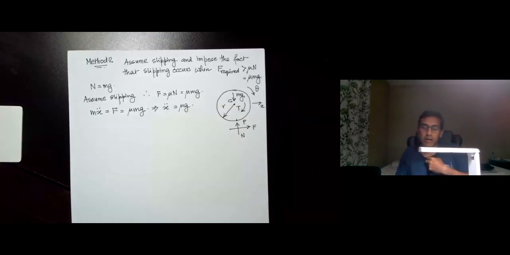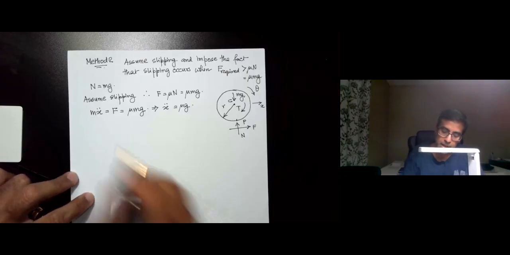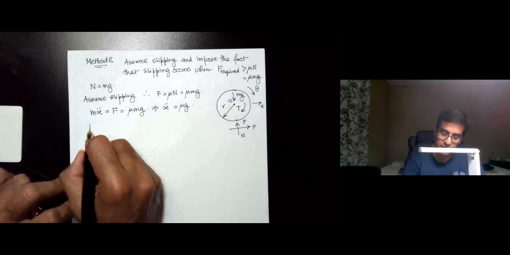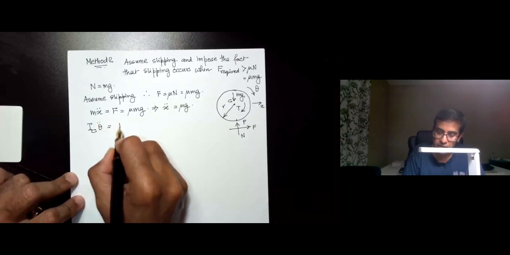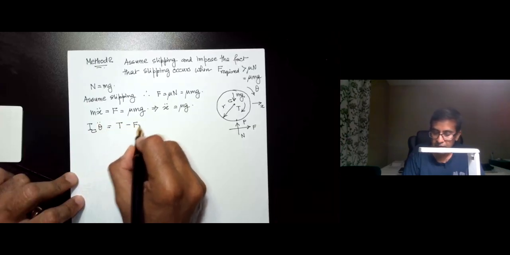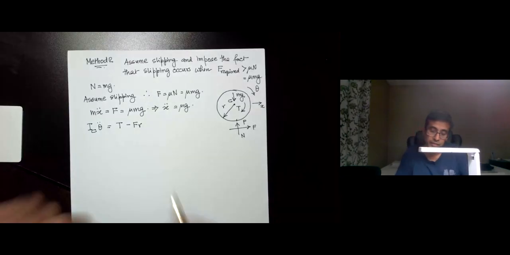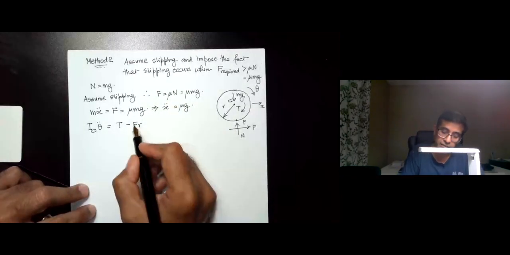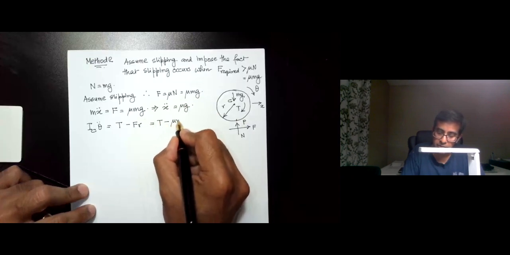So we have a definite linear acceleration now when the wheel is slipping. The rotational equation is I_c theta double dot is equal to T minus Fr. So the same equation, but now we can assume that F is equal to mu mg. So you have T minus mu mgr.